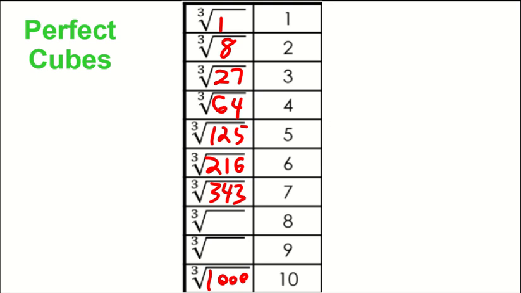Nick? No. Adam? 512. 9. Nevaeh? That's the 729, is 9 cubed.